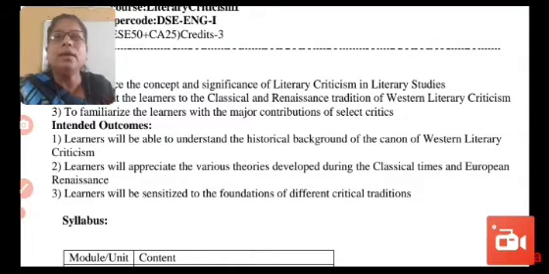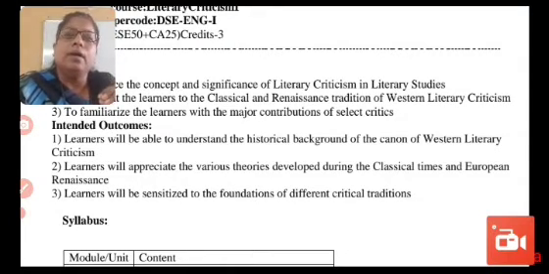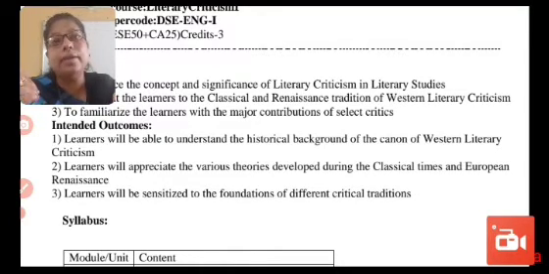So in the beginning, you should keep in mind in a very simple way, what is literary criticism? It is the evaluation, the assessment of literature with the help of some critical insight, with the help of rules laid down by the critics.